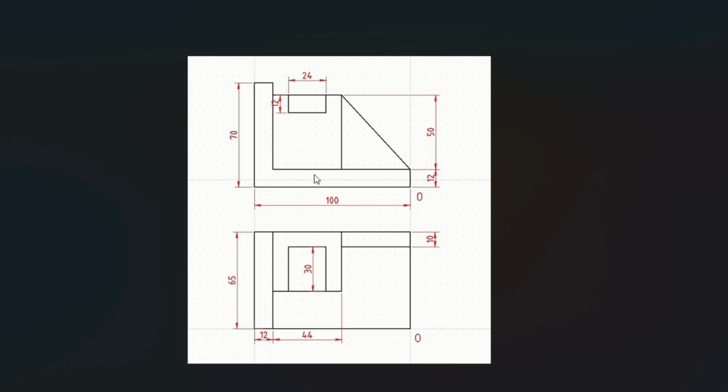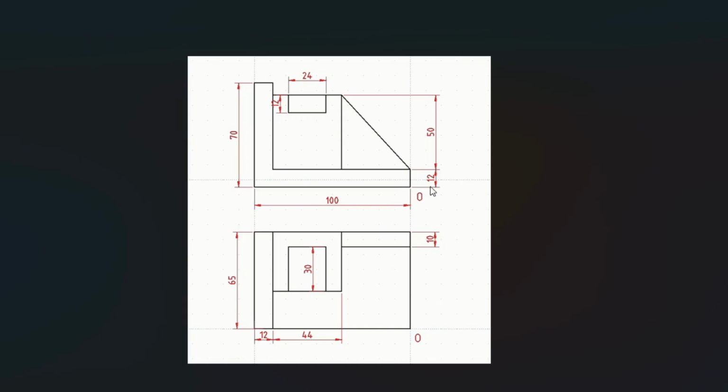This is basically divided into 4 different parts, broadly speaking. One is the base of 100 mm in length, 65 mm in width, and 12 mm in height. Then we have another portion, which is a vertical wall, 70 mm in height, 65 mm in width, and 12 mm in thickness.